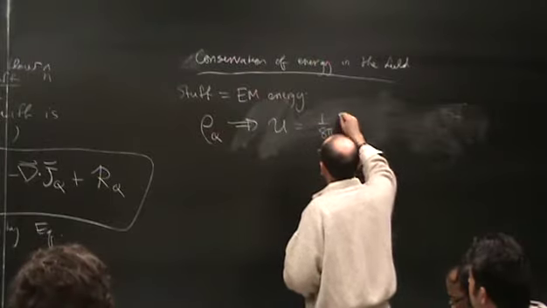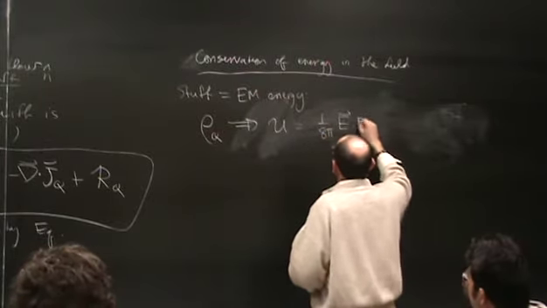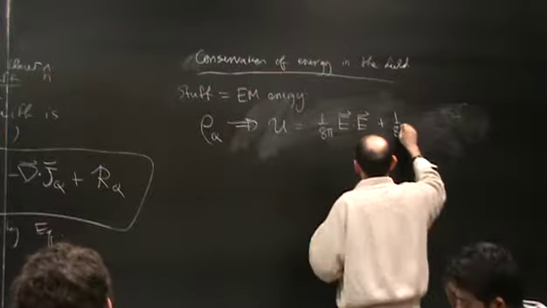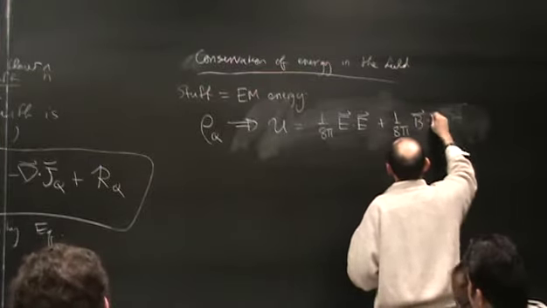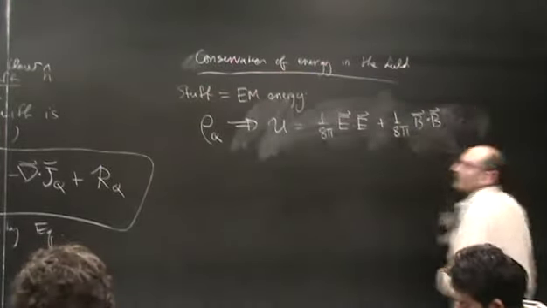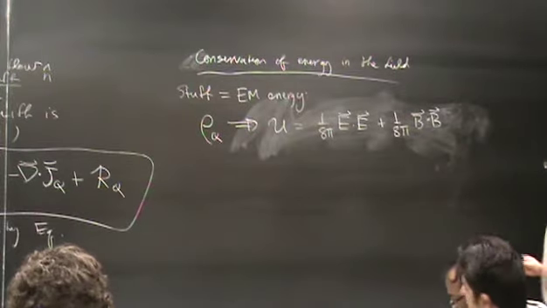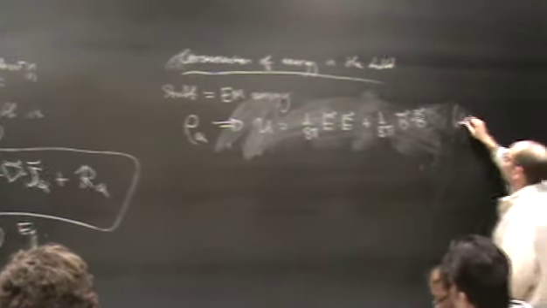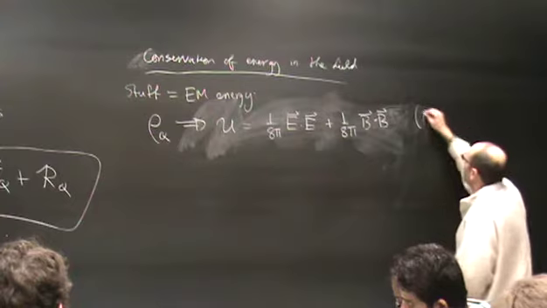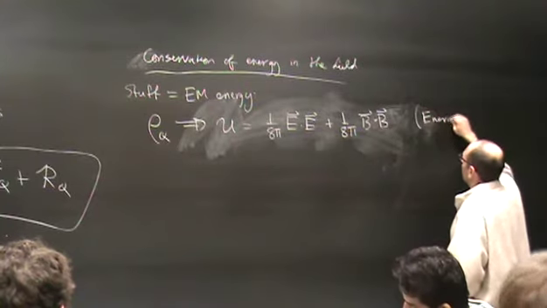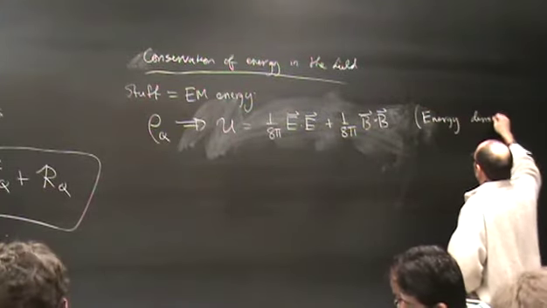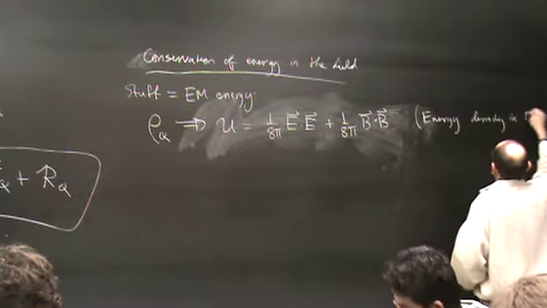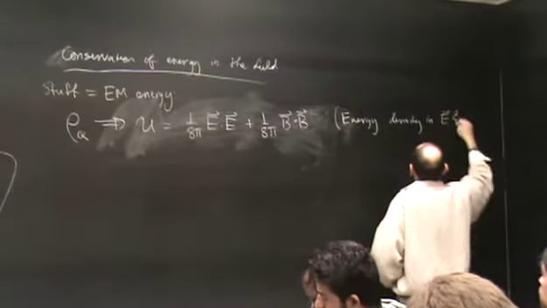And you remember that's 1 over 8 pi E dot E plus 1 over 8 pi B dot H. Isn't that nice and symmetric? Love that. So this is the energy density in E and D.